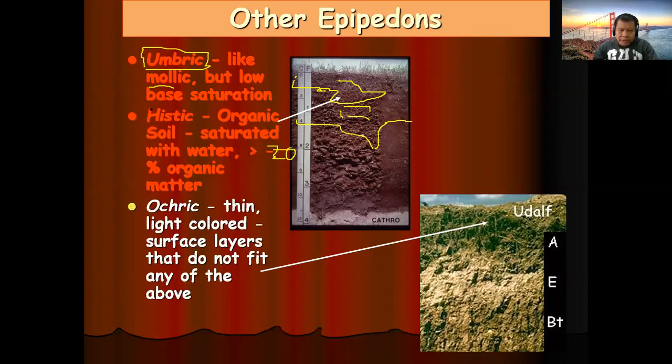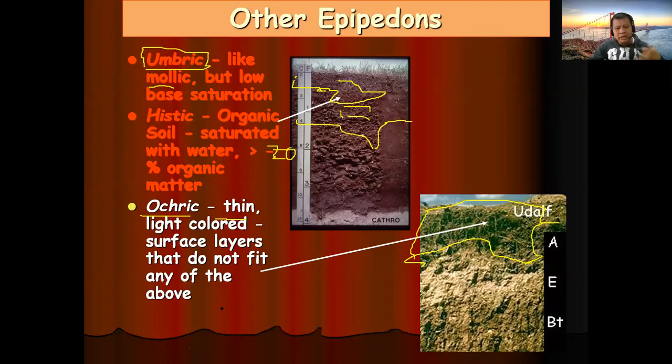So another epipedon is the ochric. So ochric, it is thin. So medyo manipis lang. Look at this one. Okay. Pataas, no? Yung portion ito. Okay. This is a thin, light colored surface layer that does not fit any of the above.